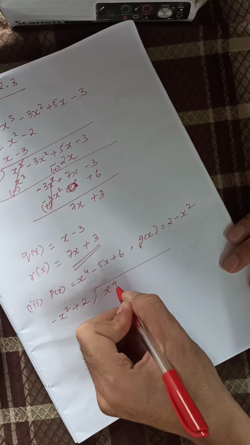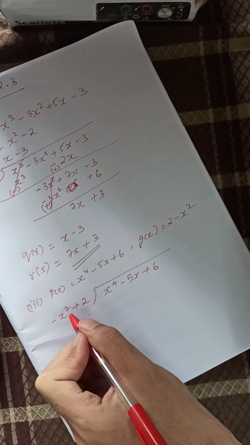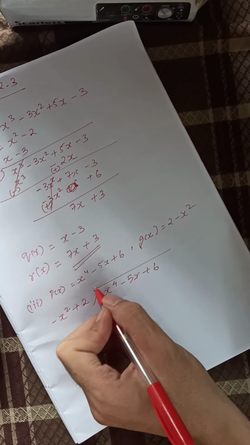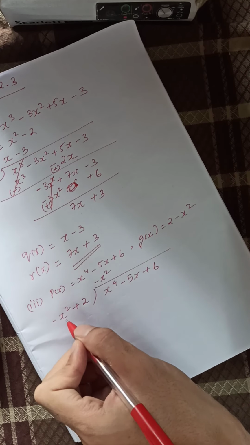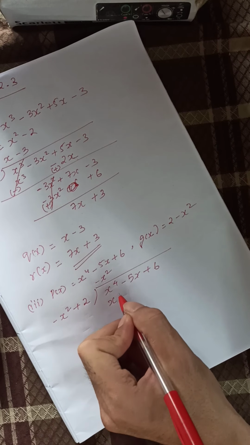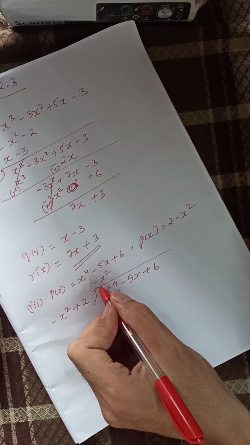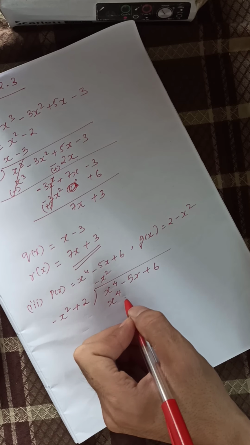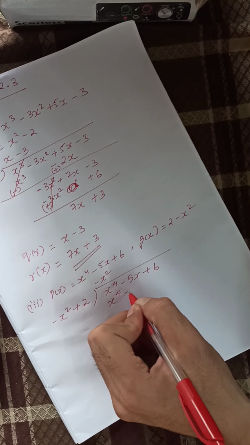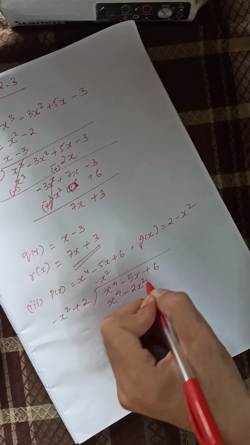Divide x to the power 4 minus 5x plus 6. Minus x squared into how much will give us x to the power 4? Minus x squared into minus x squared. Minus into minus will become plus, x squared into x squared will give us x to the power 4. Plus into minus is minus 2x squared.